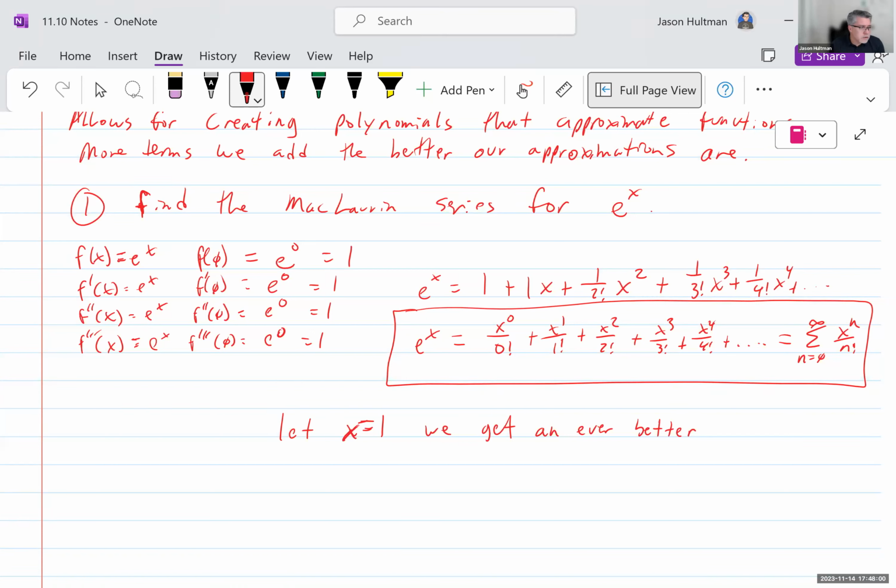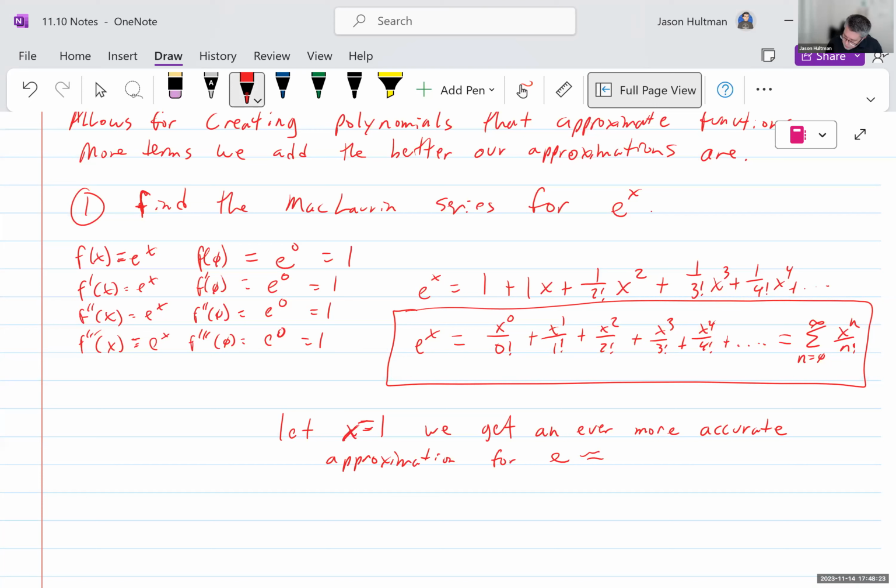An ever more accurate approximation for e.